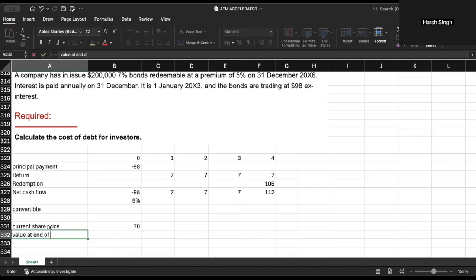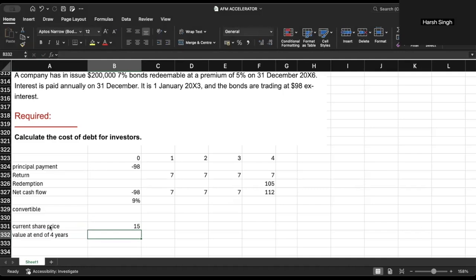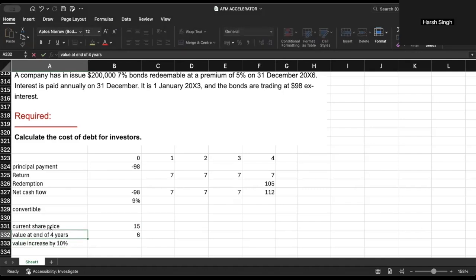Value at end of 4 years, assuming after 4 years you will get 6 shares, and the value increases by 10%. Okay?